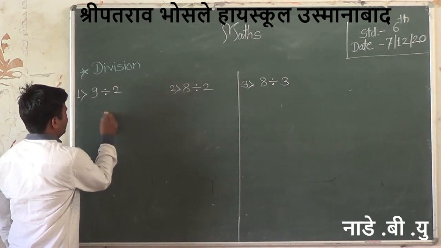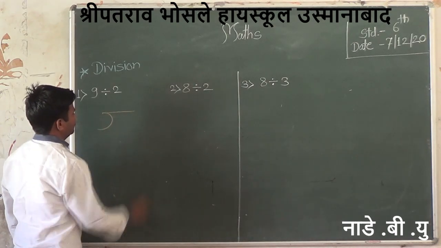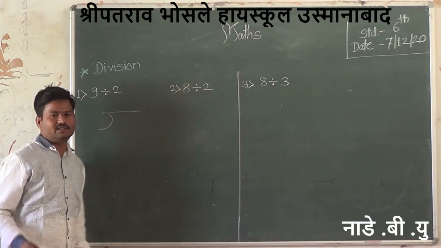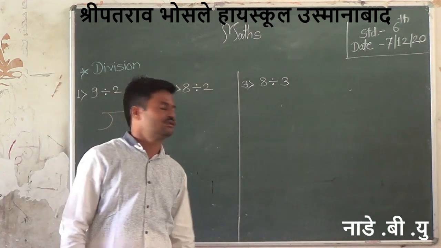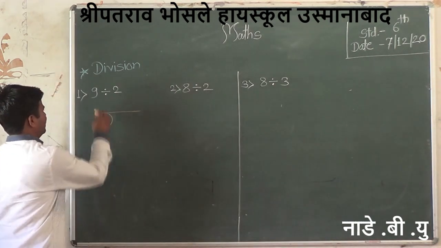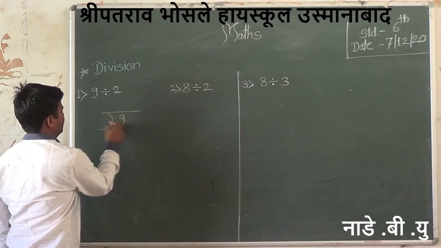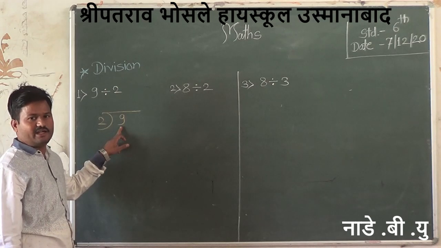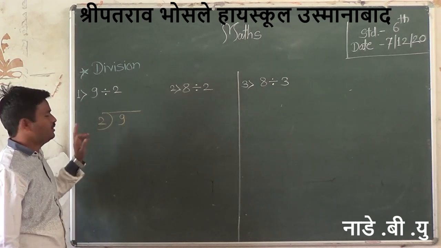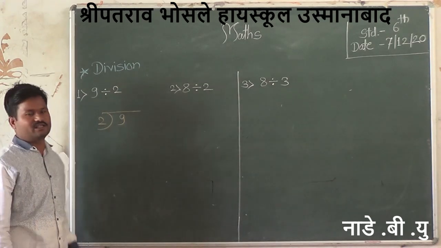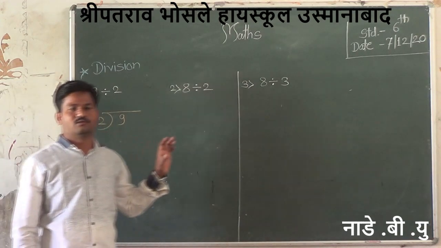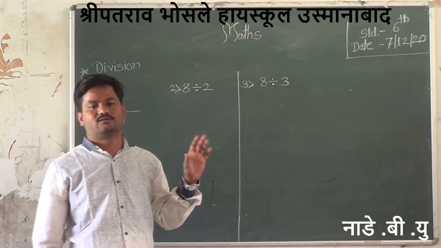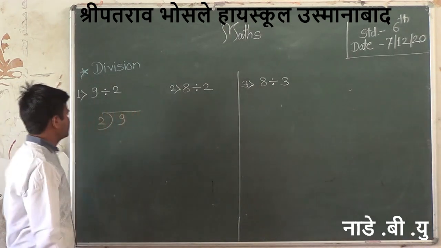You know the vertical arrangement, as solved in standard 4th or 3rd. Here 9 divided by 2: 9 is the dividend and 2 is the divisor. Some pronounce divisor and some pronounce division.